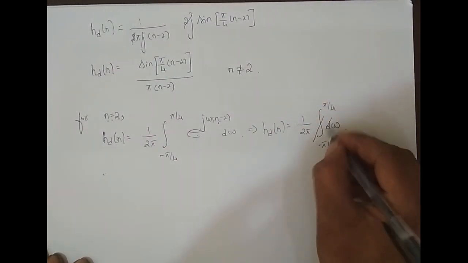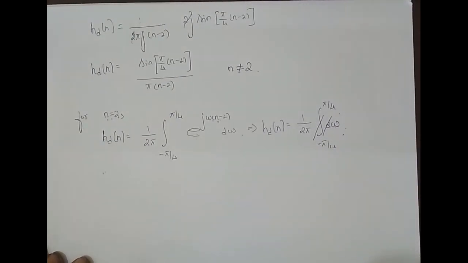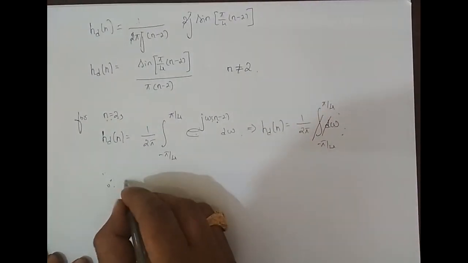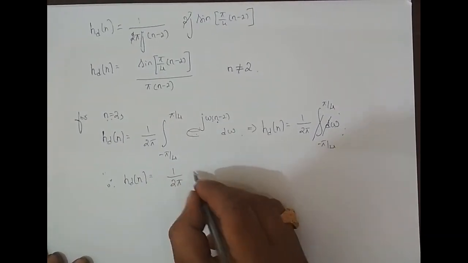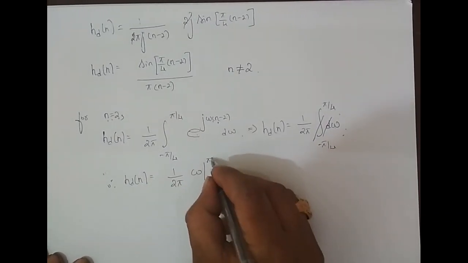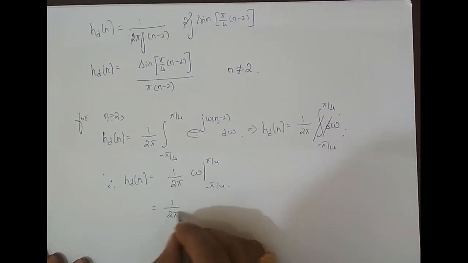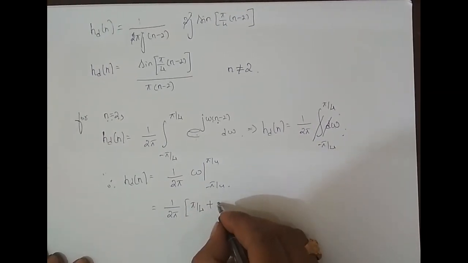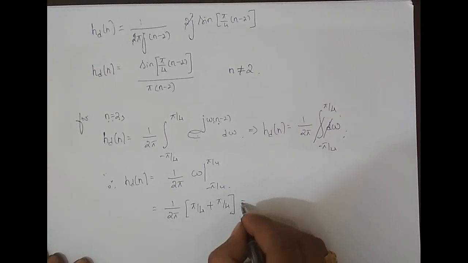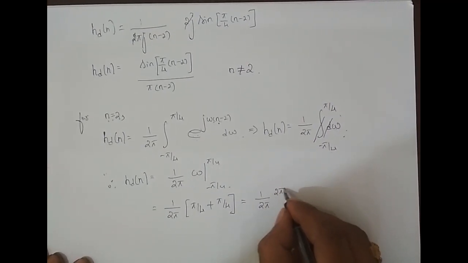So now integration and differentiation cancel out. I end up with omega with the limit minus pi by 4 to pi by 4. Therefore hd of n is equal to 1 by 2 pi with omega, and the limit is minus pi by 4 to pi by 4. So this is equal to 1 by 2 pi, upper limit pi by 4 minus of minus pi by 4, which is 1 by 2 pi into 2 times pi by 4.